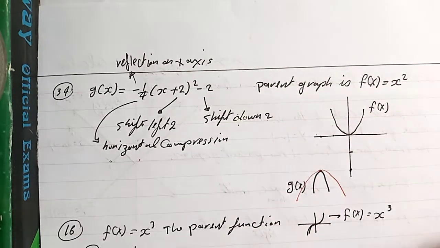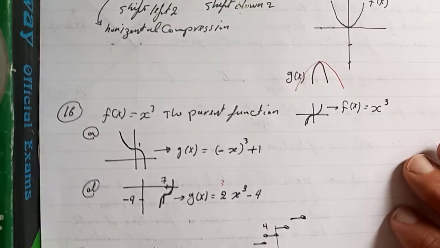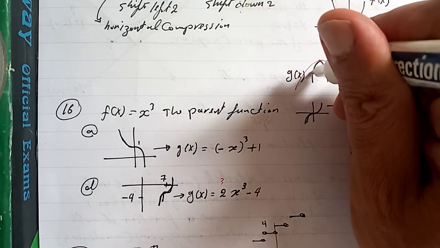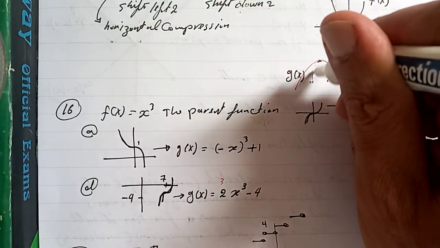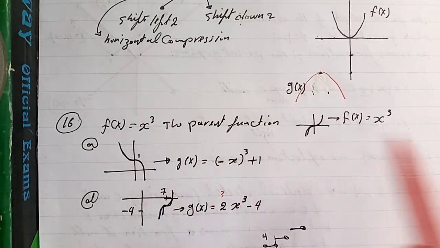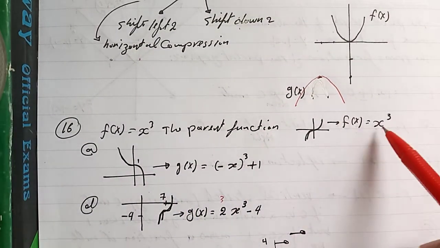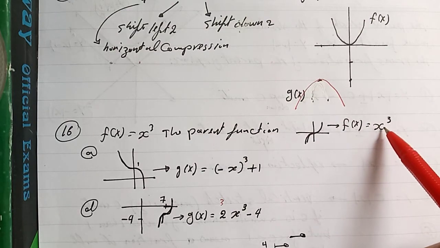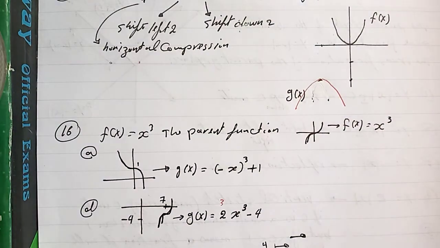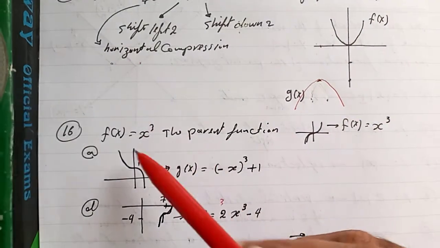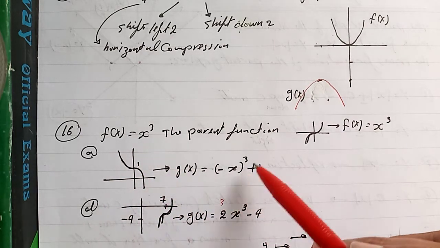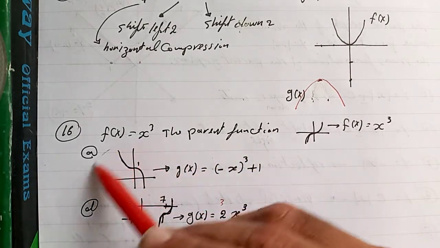Okay, number 16. In number 16, f(x) equals x to the power 3, the parent function. In part A, I need to write the function notation of this curve.